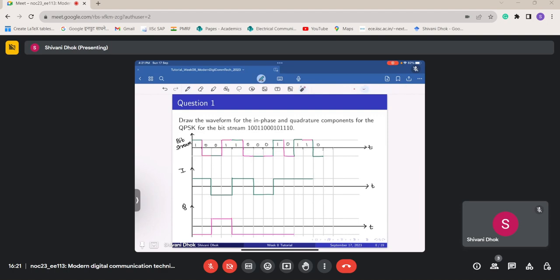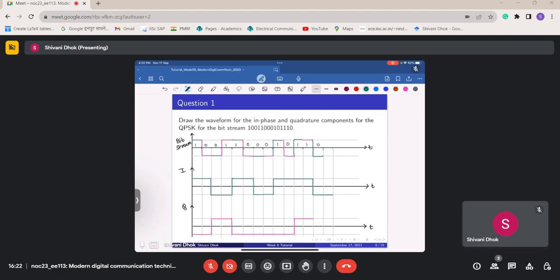And then we have this 1 here, that is in quadrature component, so this will go up for +1, and then we have a 0. Okay, so these are the waveforms that we have for the in-phase and quadrature component.